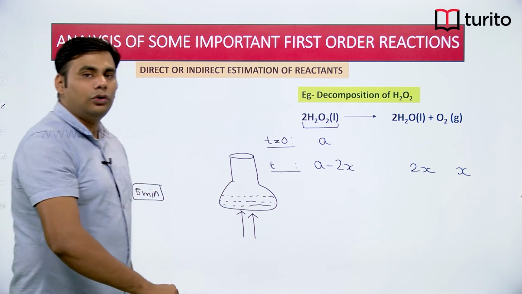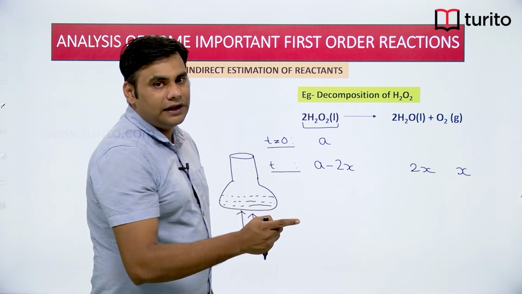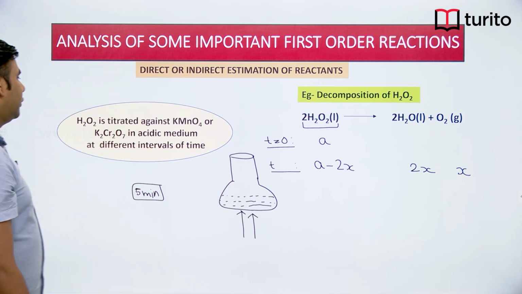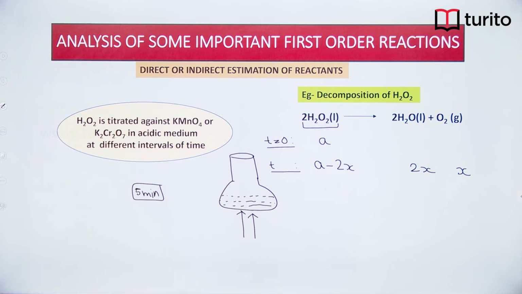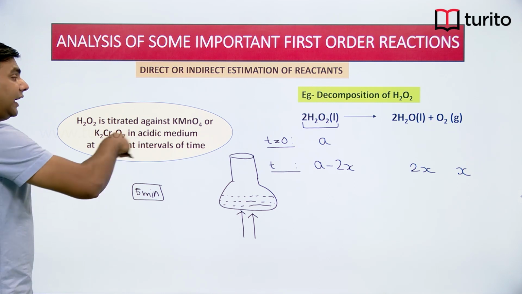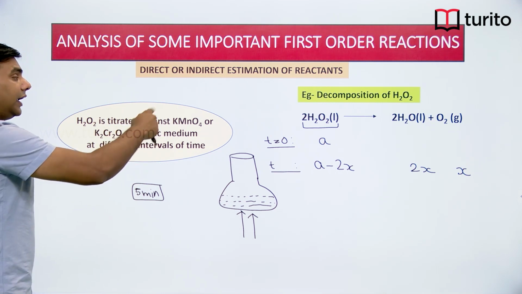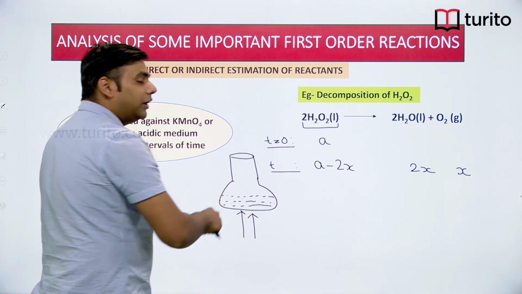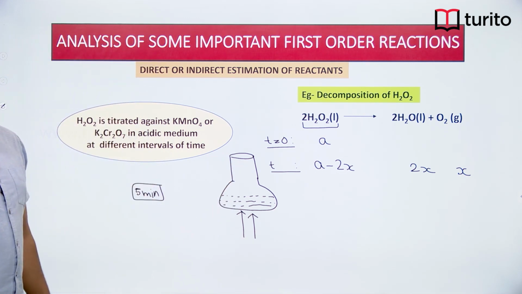So H2O2 would behave as a reducing agent and KMnO4 would behave as an oxidizing agent. So we say that H2O2 is titrated against KMnO4 or K2Cr2O7 in acidic medium at different intervals of time. Through the amount of KMnO4 used, we will be able to understand how much H2O2 is there in the solution.